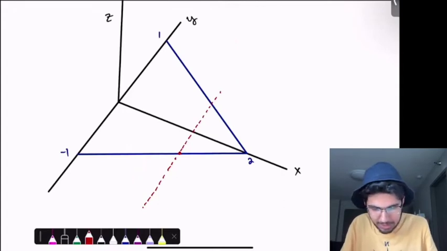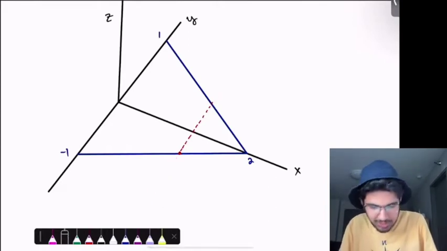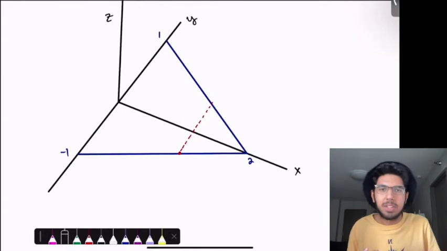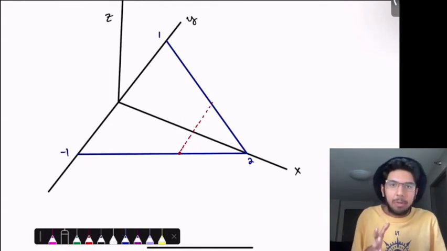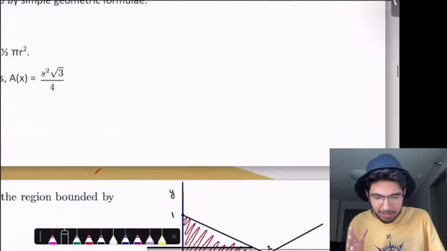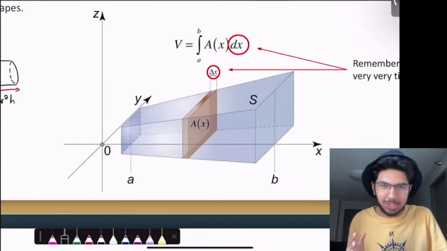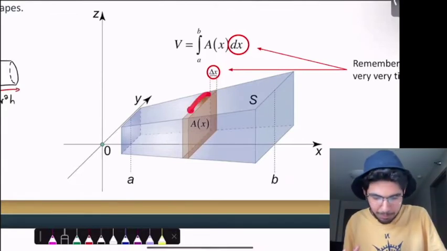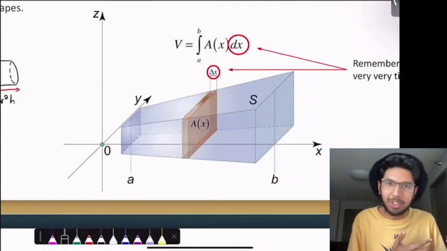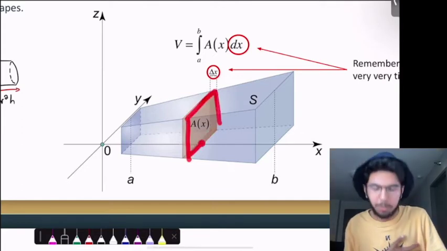Okay, so really let's just look at the part that goes within our figure here. So this red dotted line, that's within our figure, and we want a square cross-section. So if we look back up here, it's very similar to this drawing up here where we have this brown part being the cross-section, except in my drawing it's red, and we want to draw this square upwards.